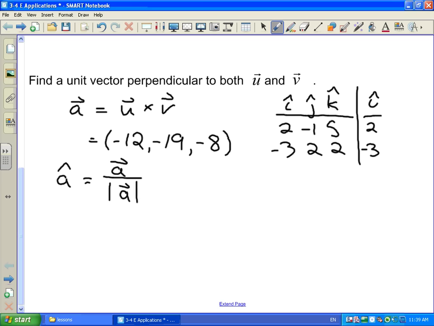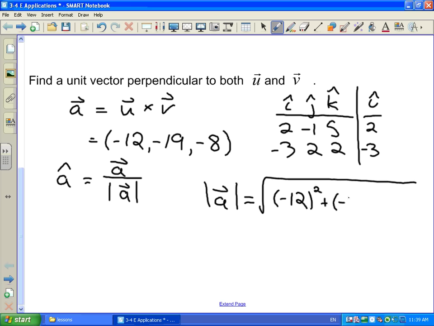So if we take a, divide it by the magnitude of a, we'll get the unit vector a hat. So we need to figure out the magnitude of this vector a. To do that, we just take each of our components, square them, add them up, and then take the square root. So -12 squared plus -19 squared plus -8 squared.